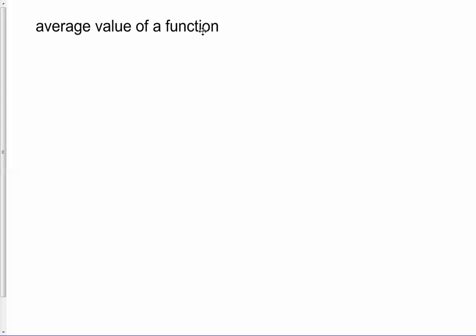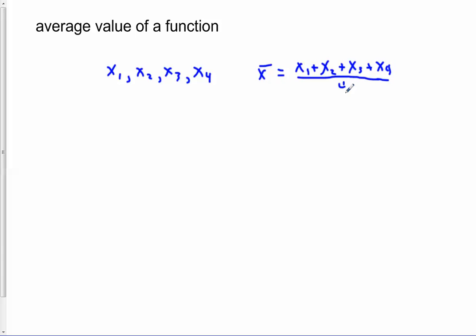If you want to figure out the average value of a function, so of course with discrete numbers, if we have a bunch of discrete numbers and we want the average, what we do is add them up and divide by how many there are. Easy.